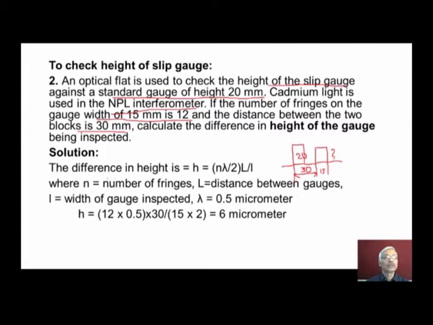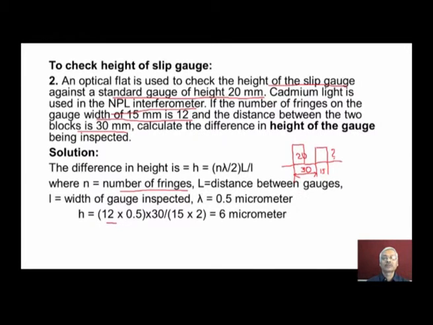Now the difference in height h can be calculated using this relationship: n lambda by 2 times L by l, where n is the number of fringes observed by the interferometer. In this case, the number of fringes on the gauge width of 15 millimeter is 12. So n is equal to 12.